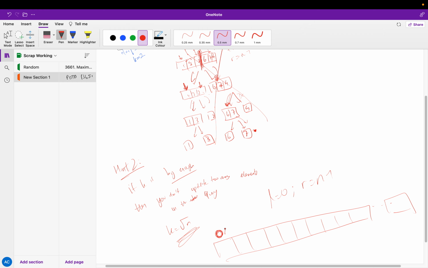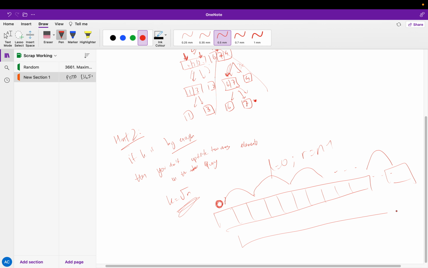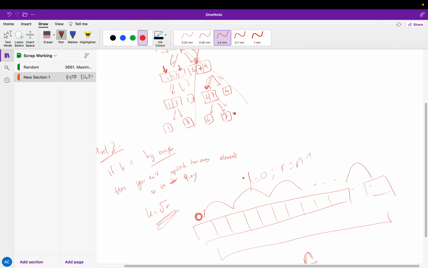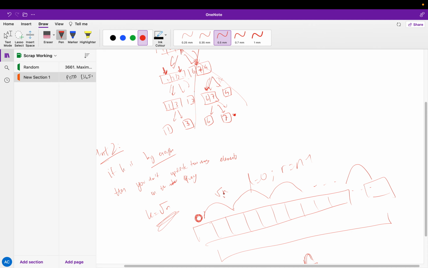Well, it would be square root of n jumps, right? Because I do 1 jump, 2 jumps, 3 jumps, and in that number of jumps I have traversed the distance of n. Each jump has a size of square root of n, so the number of jumps required was also square root of n.